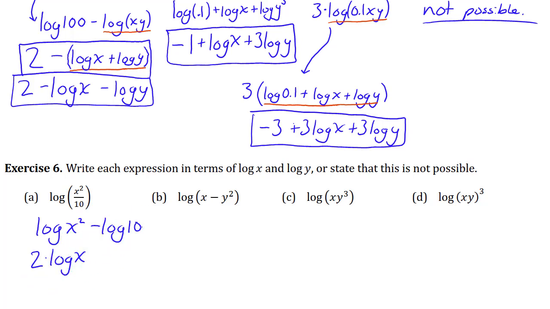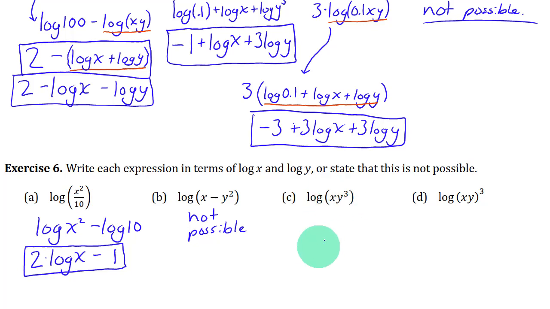And log of 10 is always going to be equal to 1, because the exponent of 10 that results in 10 is 1. So that's that. B, you can't do anything with. There's no log law that has them separated as separate terms inside the logarithm.